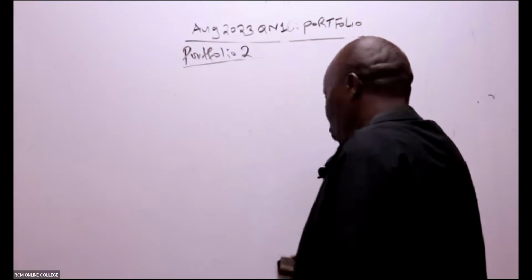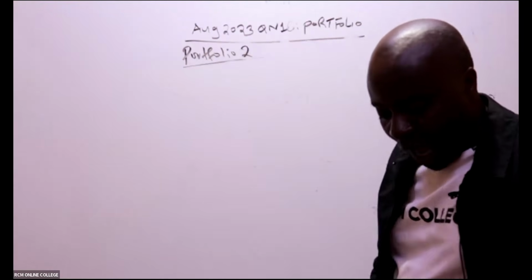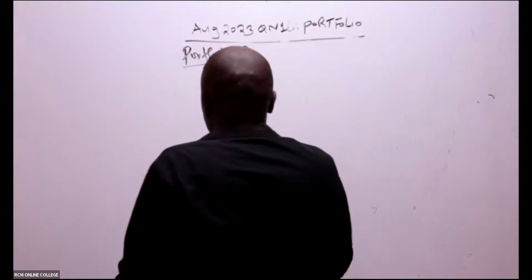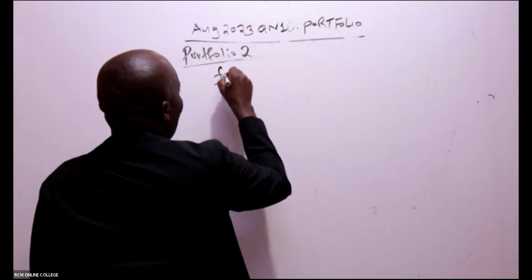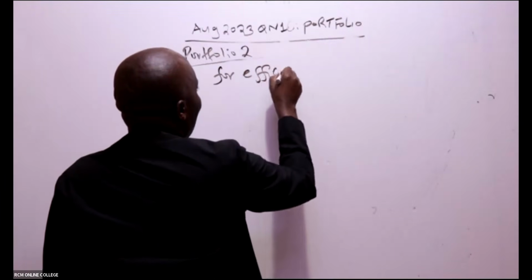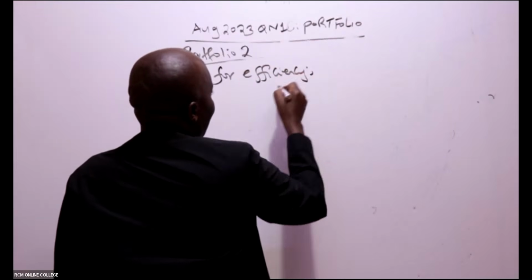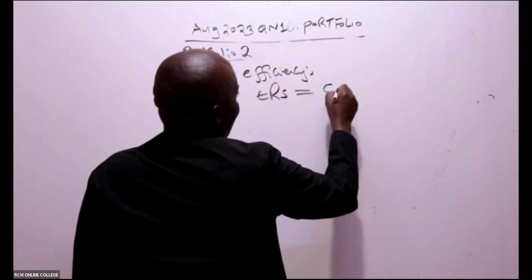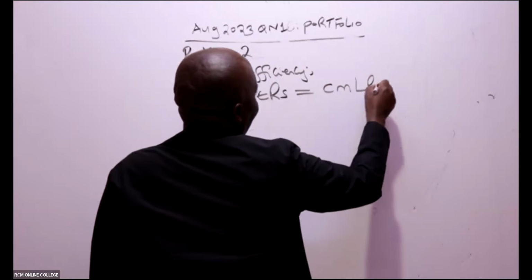How do we change it to become efficient? We know that for efficiency to be achieved, expected return should be equal to CML returns.